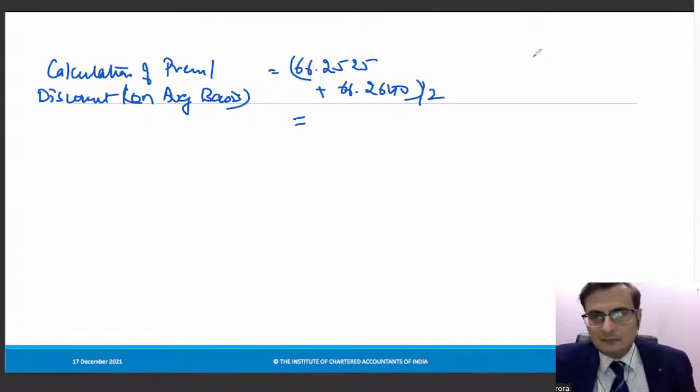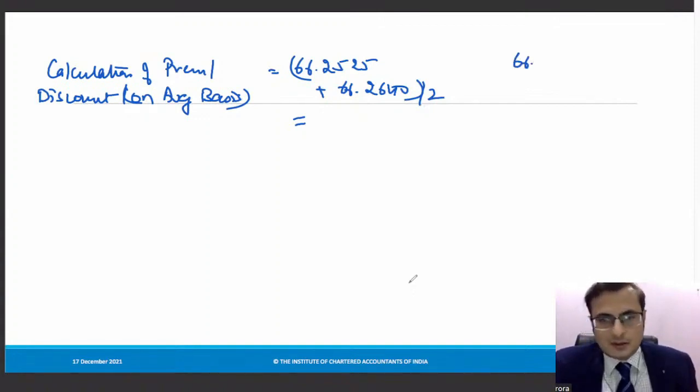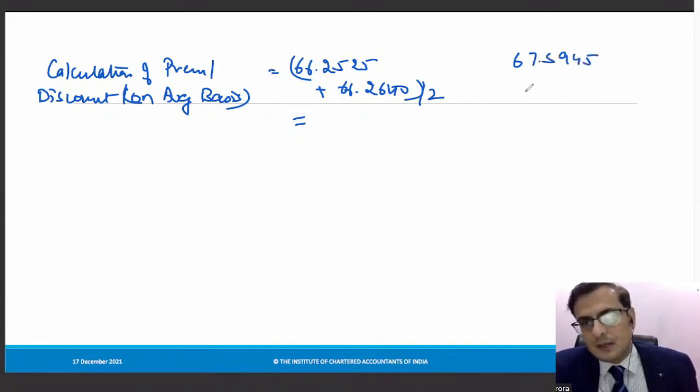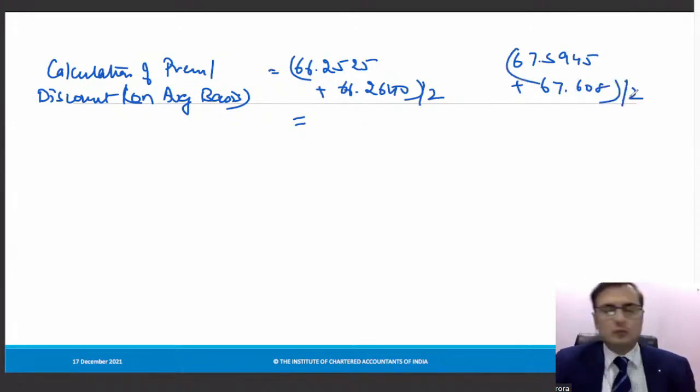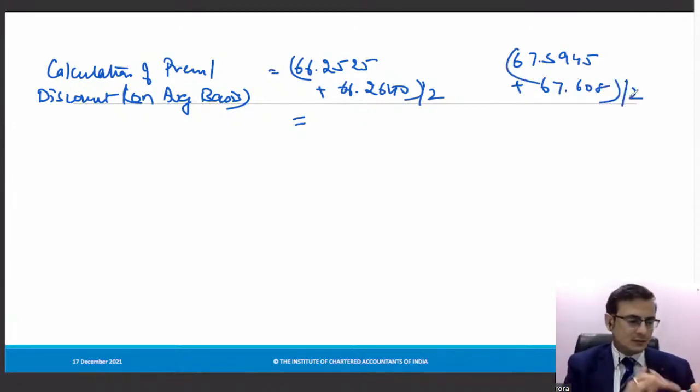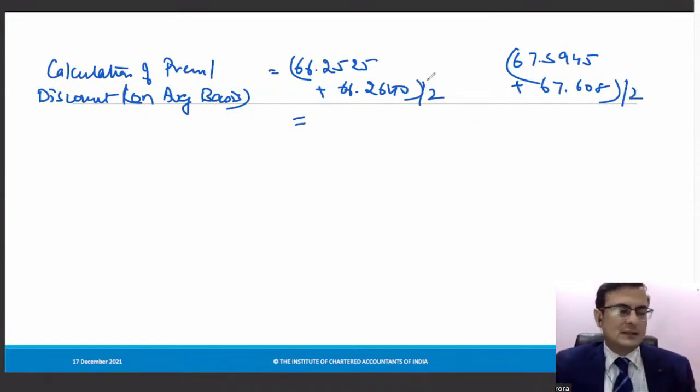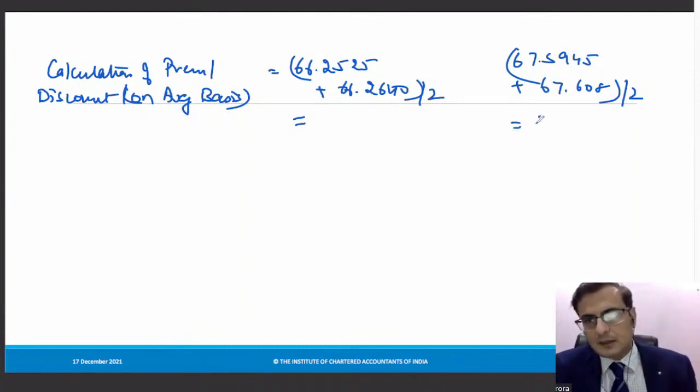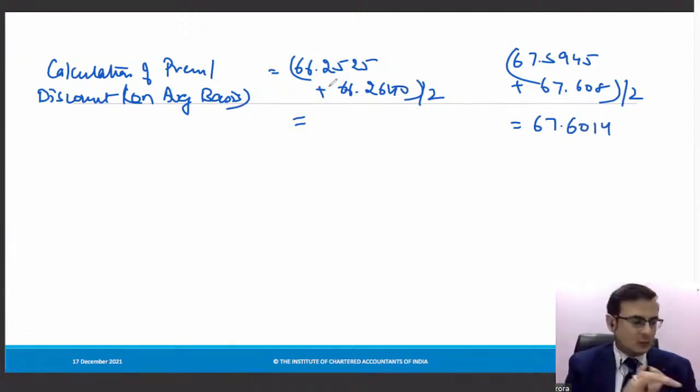And the other one, 67.5945 plus 67.608 divided by 2, which gives 67.6014, and this also we can calculate.